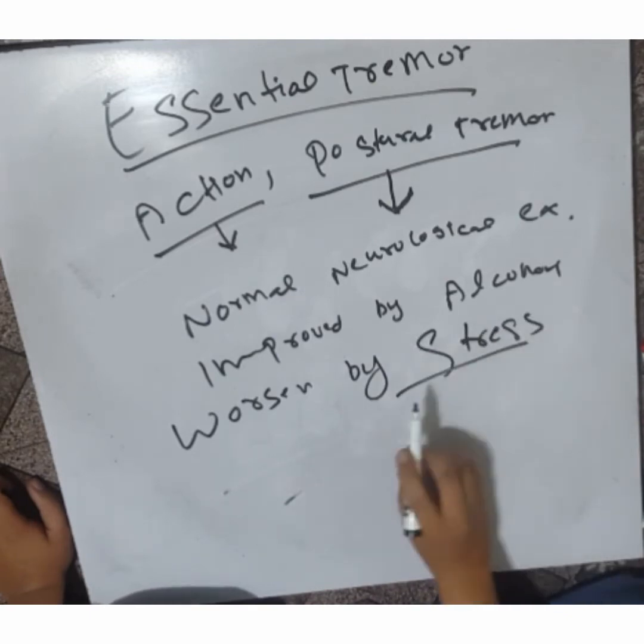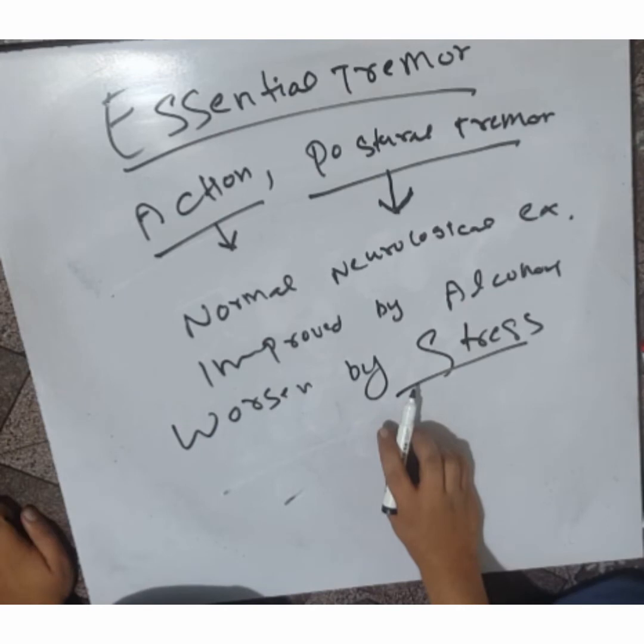Stress can worsen the essential tremor, and alcohol can reduce the essential tremor.